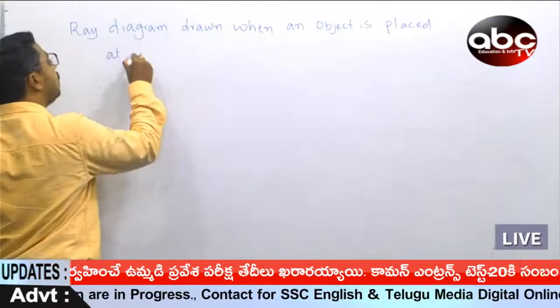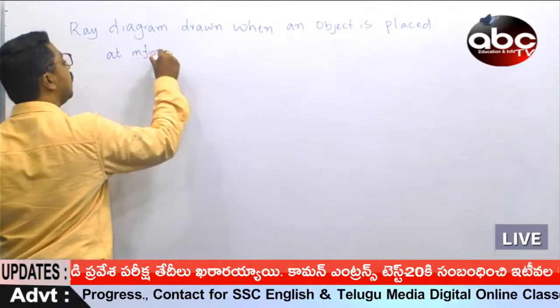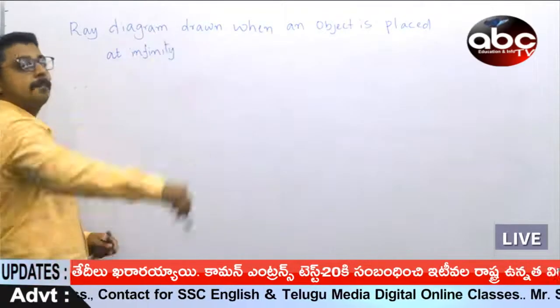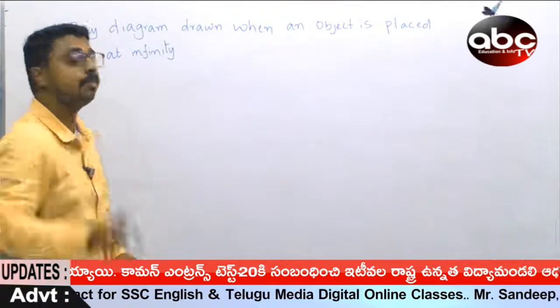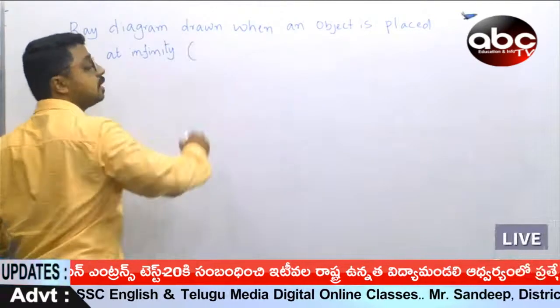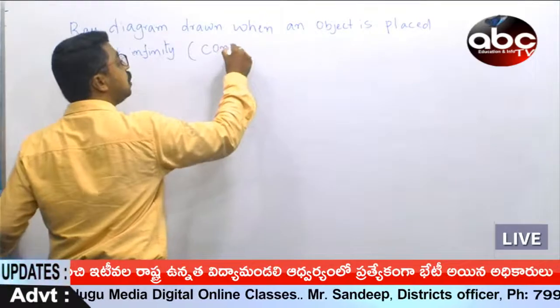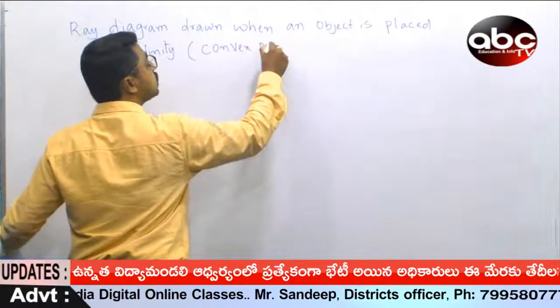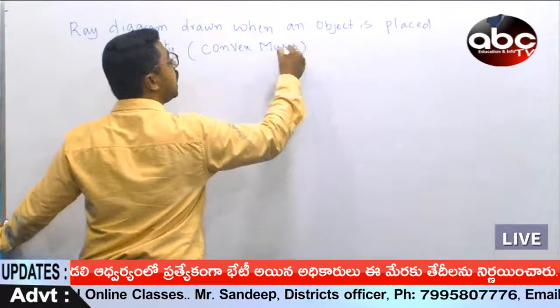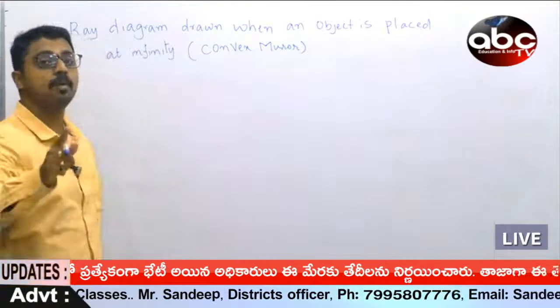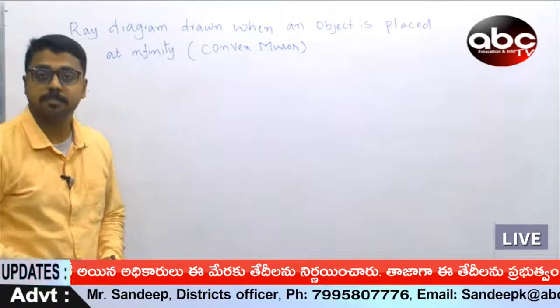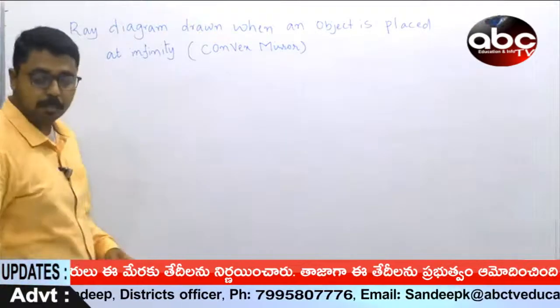At infinity. At infinity. My dear friends, you can take this point, that at infinity we are exclusively speaking about the convex mirror, because the same case is found in the concave mirror also. Do not get confused.